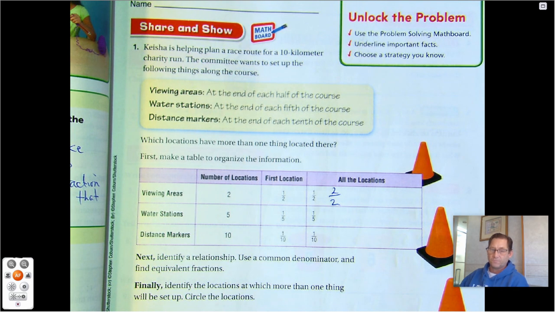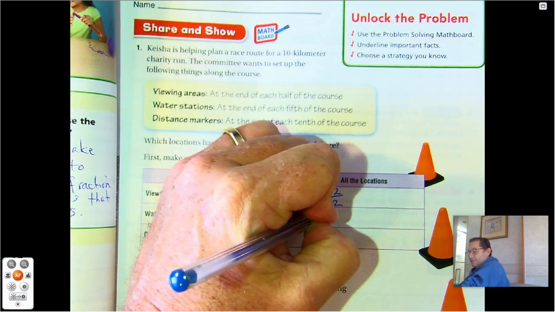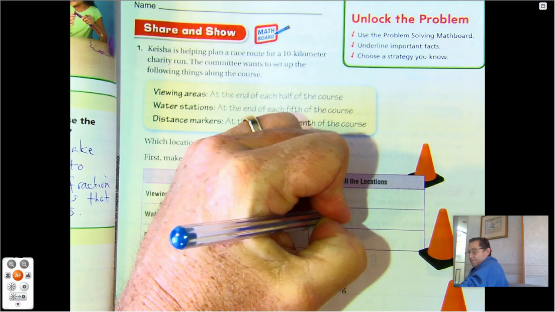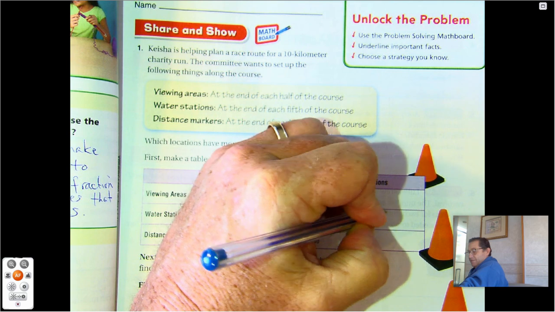Okay, and the water stations, there are going to be 5 of them. And so 1/5, then the next one would be at 2/5, then at 3/5, 4/5, and 5/5.